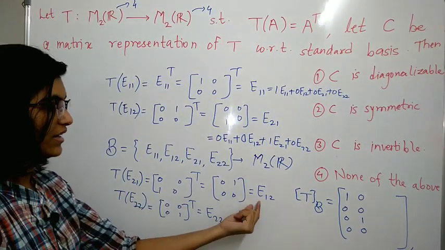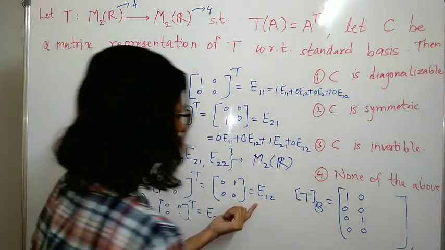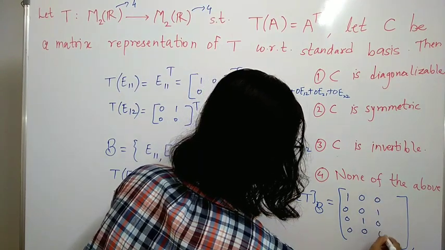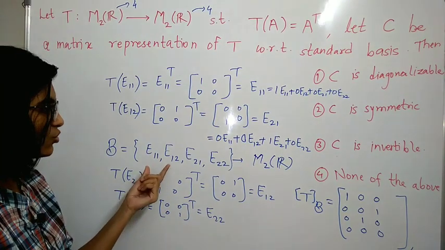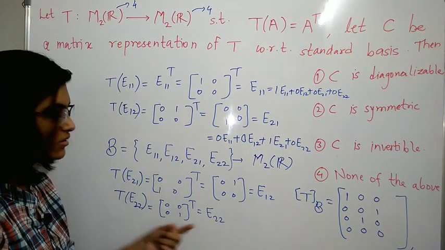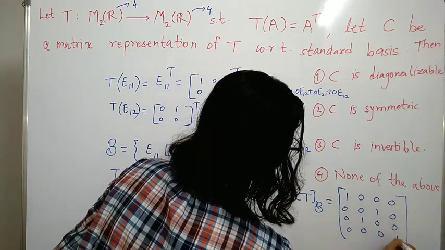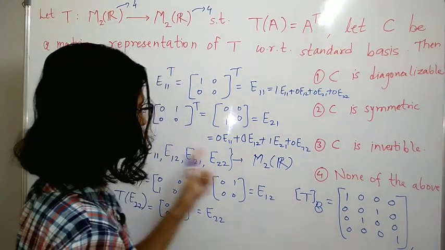Similarly, write the next vector, which is just E12, so this is 0, 1, 0, 0. And lastly, it is 0 times E11 plus 0 times E12 plus 0 times E21 plus 1 times E22, so this is 0, 0, 0 and 1. So we have the matrix of T with respect to the standard basis.